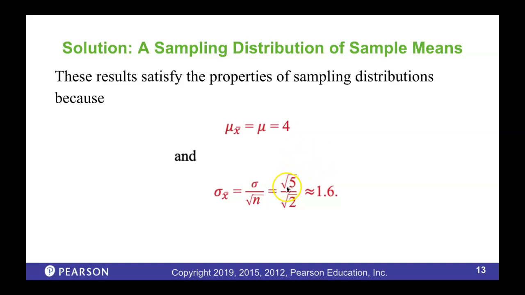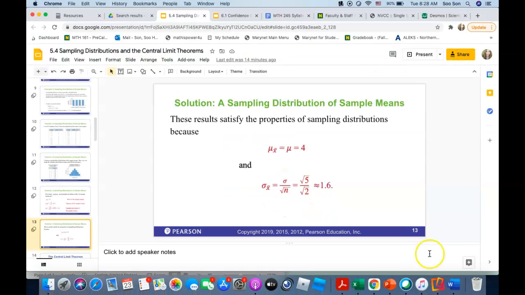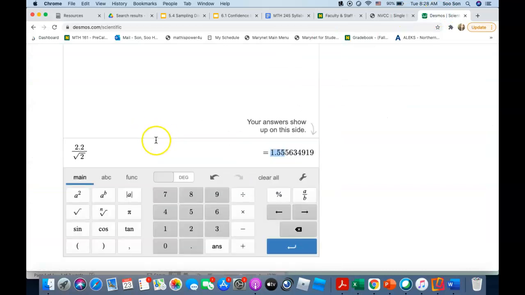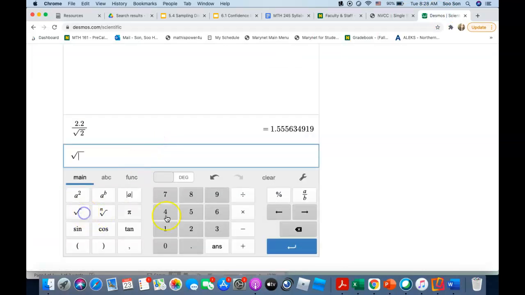I put 2.2, which is the square root of 5. Square root of 5 was 2.2, what I used. If you want to double check that I'm telling you the truth, the square root of 5 is, I guess, 2.23.